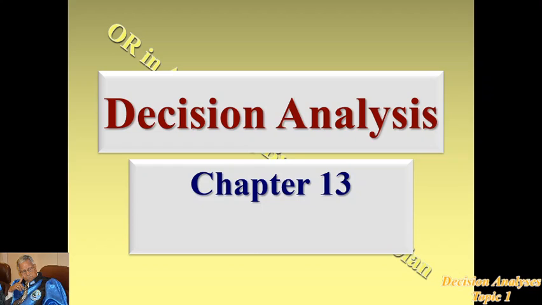If you remember our first lecture in this class, we said that a decision is a function of decision alternatives and environmental conditions and state of nature.